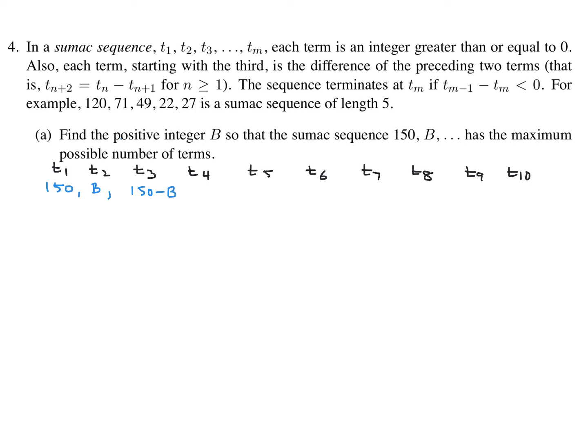T4 would be 2B minus 150. And then T5 would be 300 minus 3B. T6 is 5B minus 450.